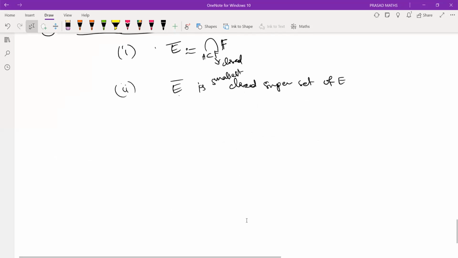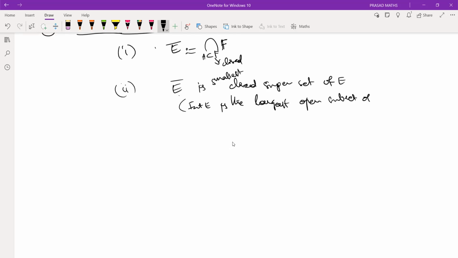The interior of A is the largest open subset of E. That's what I told you in yesterday's class. You need to mention it. Whereas the closure of the set is the smallest closed superset of E.